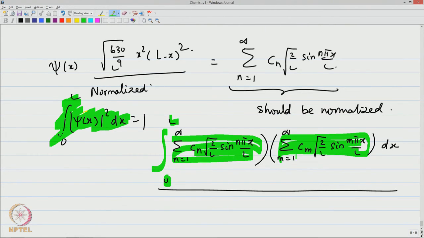Now, you can see immediately that when you expand the right hand side with these two functions, one is sin n pi x by L, the other one, this goes from 1 2 3 to infinity, this also goes from 1 2 3 to infinity.